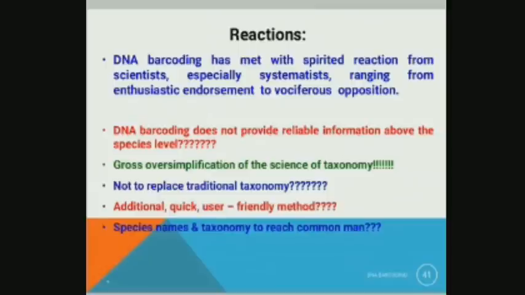Initially it was discussed that it is a supportive mechanism for traditional taxonomy. Also, beyond species level, we can have resolution at the generic level, to see how much genetic divergence there is between different genera, and in that way we can look into the evolutionary relationships of all the fish species in a particular order or even a particular family.